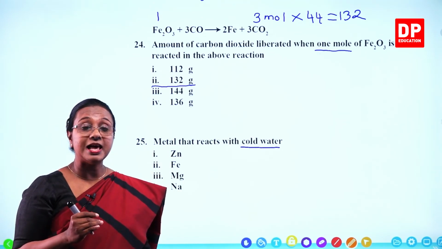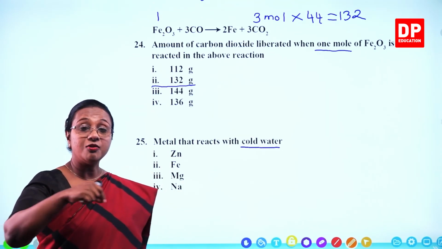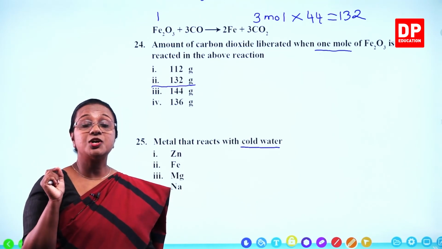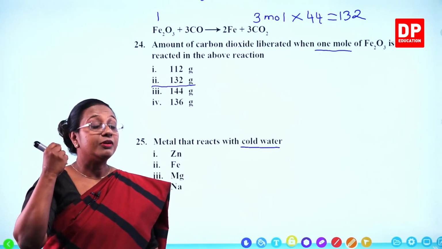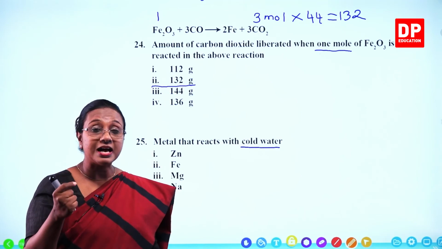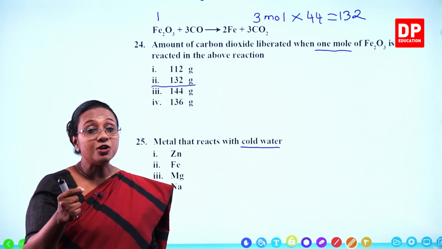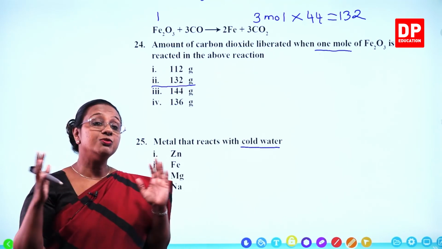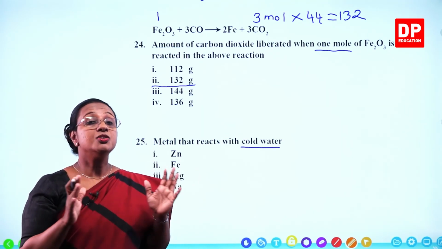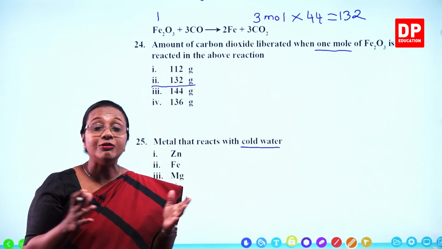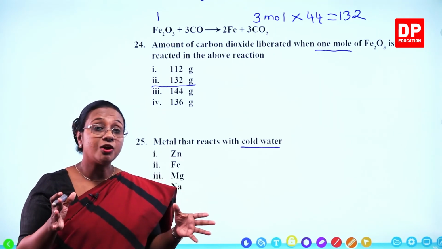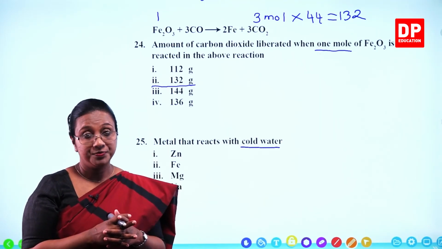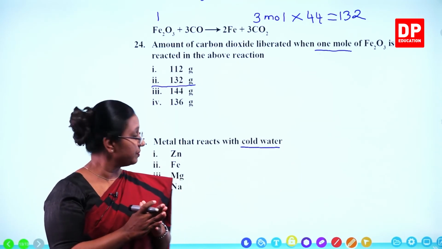You saw that in the lab also. It floats around, it darts around the surface of water vigorously. You can hear the hissing sound because hydrogen is evolved, and also you see the quick reaction. And we use a large trough of water so that it does not lead to any explosion. There is a lot of heat evolved as well.